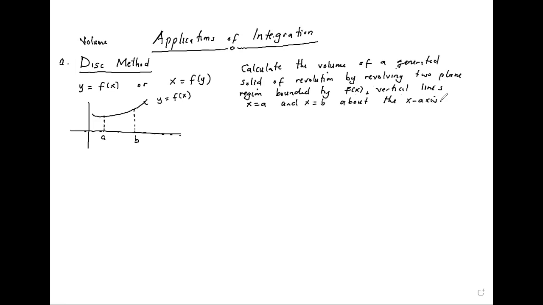So I'm giving a general case where they give you a curve, and then they are asking you to find the volume of a generated solid of revolution by revolving a plane region bounded by that f of x given, and the vertical lines x is equal to A, x is equal to B. Of course, the base there, because you are revolving about the x-axis, you'd consider that x-axis as a boundary also.